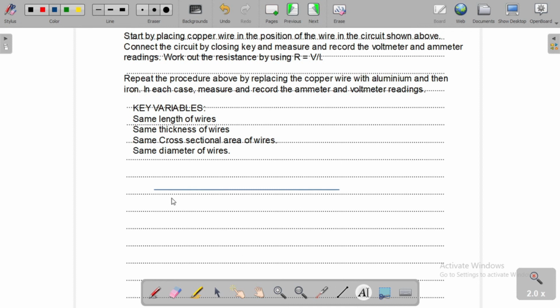The materials we used must be on one side of the table. What did we measure in the materials? We measured the current, we measured the voltage, and we calculated the resistance. Each of these must be with their units.